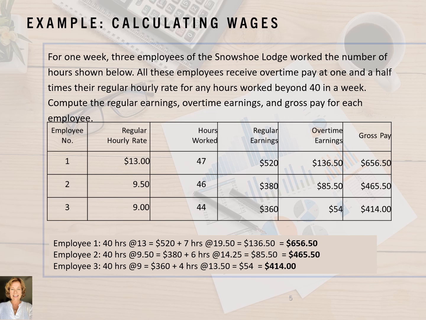This employee worked 47 hours at $13 per hour, and overtime needs to be calculated for all hours above 40 hours. So our calculation in this case is 40 hours at $13, which is $520, plus 7 hours at $19.50 equals $136.50.